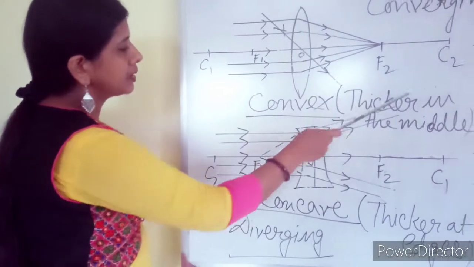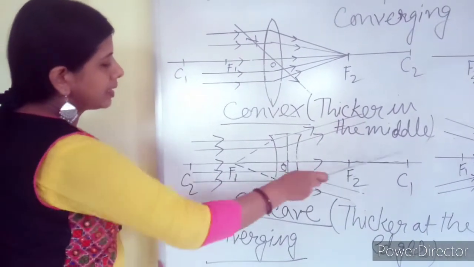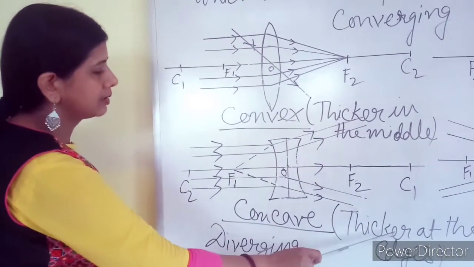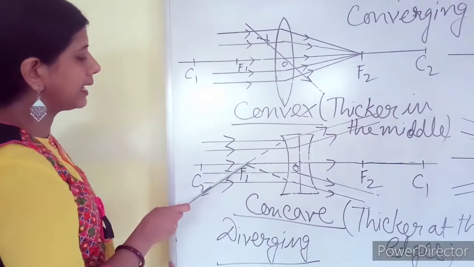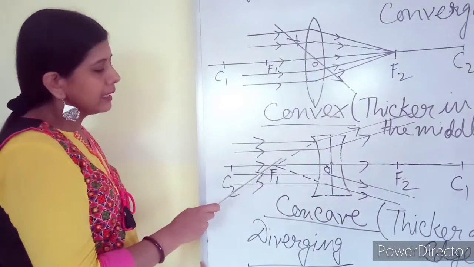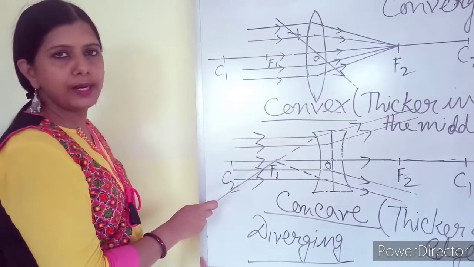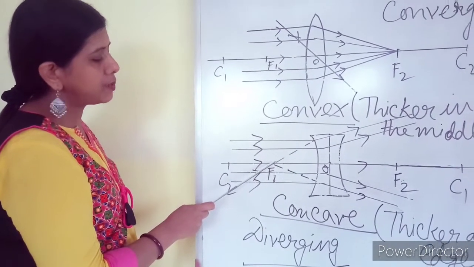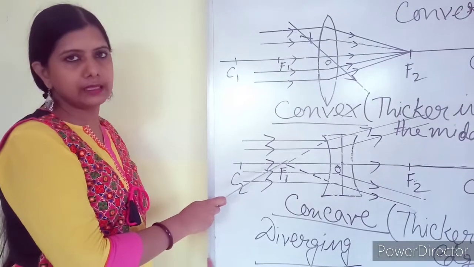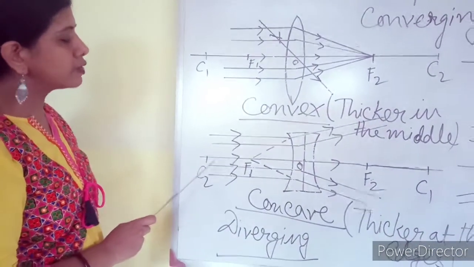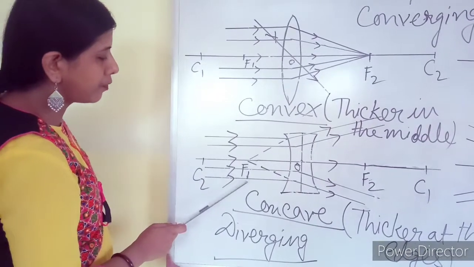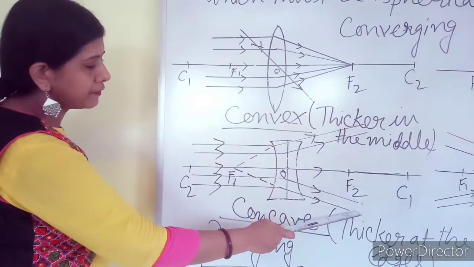After refraction they are diverging, they are moving away from each other. If I extend the divergent rays in the opposite direction, then they will meet at a point, and that is the focus point of the concave lens. So similarly, a concave lens also has two focus points, one is F1 and another one is F2.